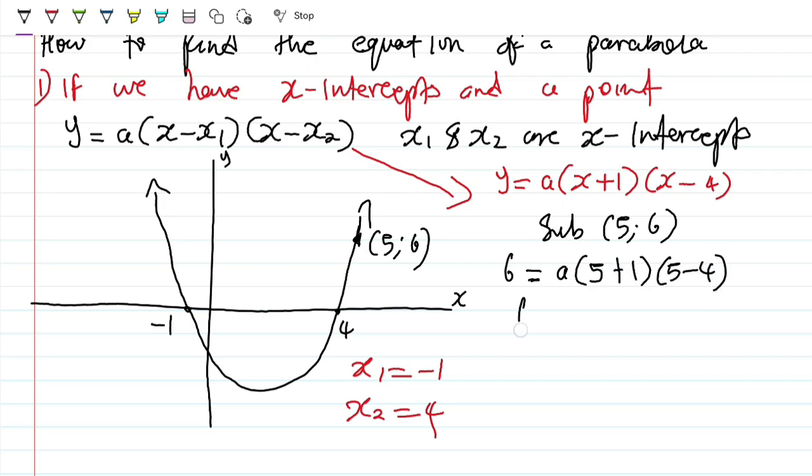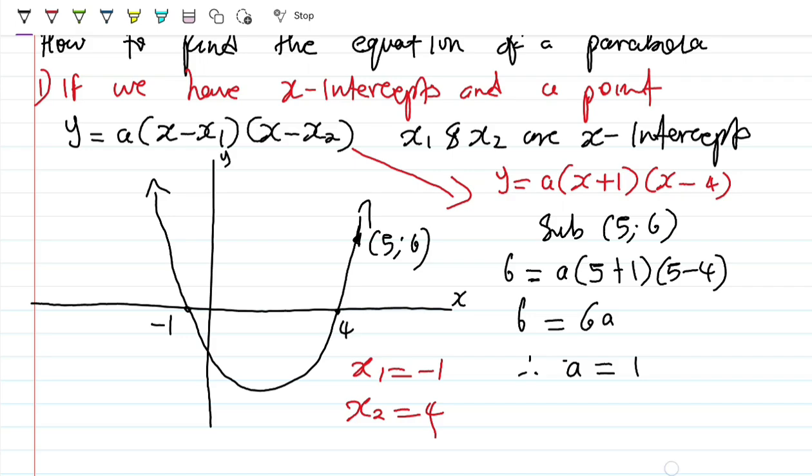Then 6 equals a into (5 plus 1, which is 6) times (5 minus 4, which is 1). So 6 times 1 is 6, times a, so it's 6a. We divide both sides by 6, and then we will have our a as 1.